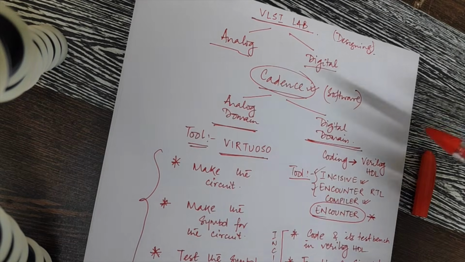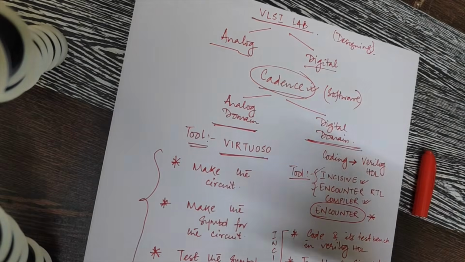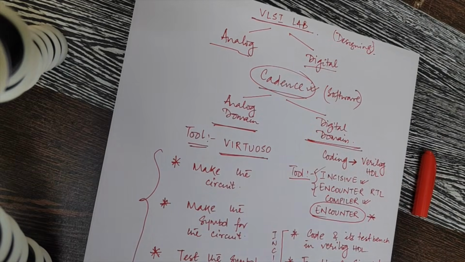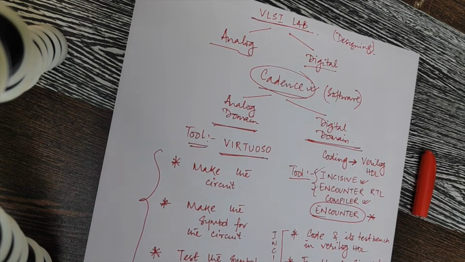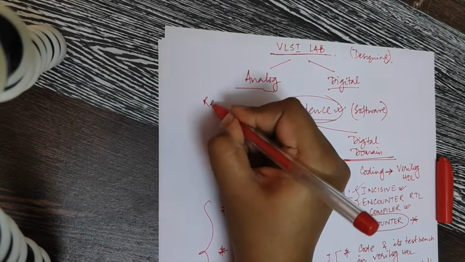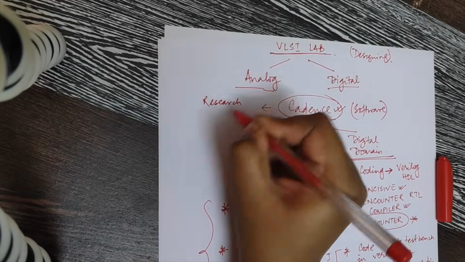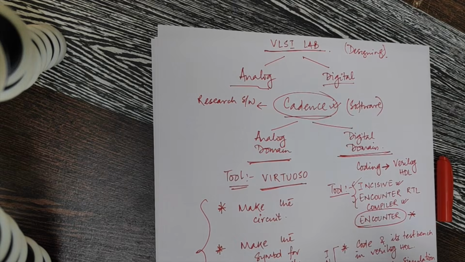Then what is the need of Cadence? Analog part, any other software, Proteus, everything, they are there for analog design. Then why are we going with Cadence? Because Cadence is a research software. Cadence is a research software. Okay?